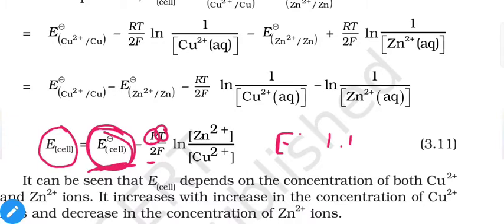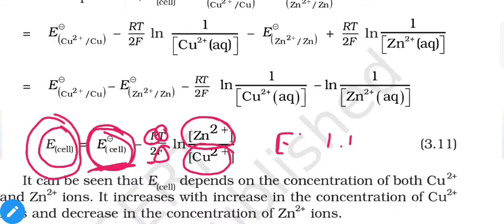Put 2 for n in this reaction because we have two electrons transferred. Faraday's constant is fixed: 96,487 to be exact, and 96,500 as a rounded value. Then put in the concentrations of the Zn2+ and Cu2+ solutions. It will give us the cell potential at the given concentrations.